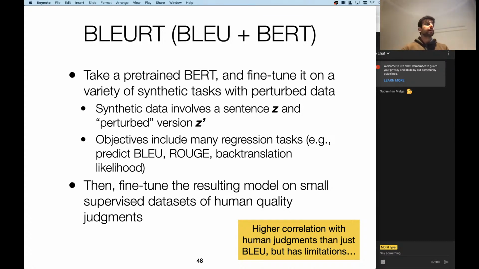And there have been many recent studies that show that the human judgments that these models are trained on are extremely noisy. BLEURT is actually trained on a bunch of data where annotators were asked to label how good is this translation from 0 to 100. So they didn't even separate out adequacy or fluency, and 0 to 100 is just a ridiculous scale, right?